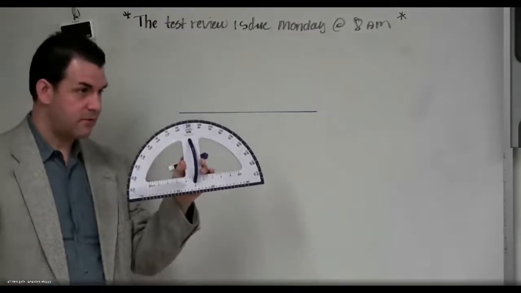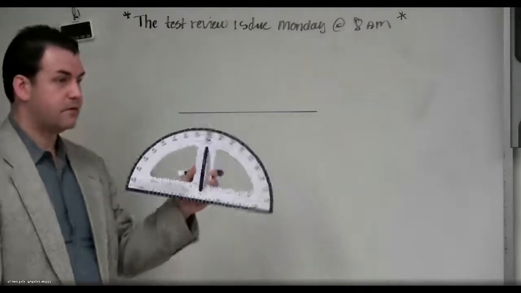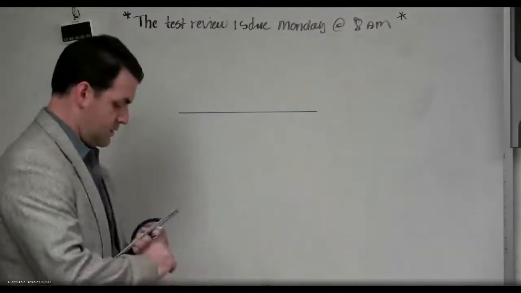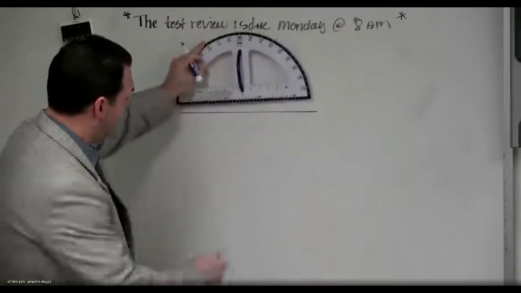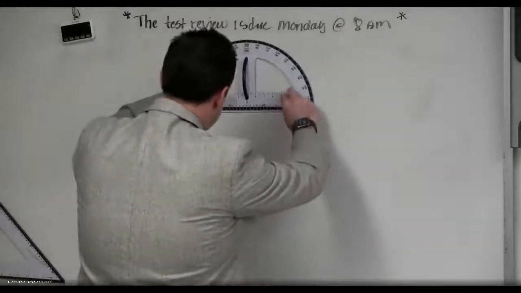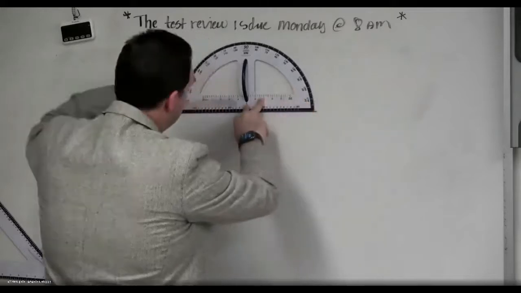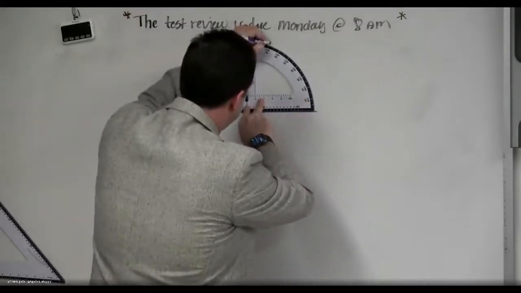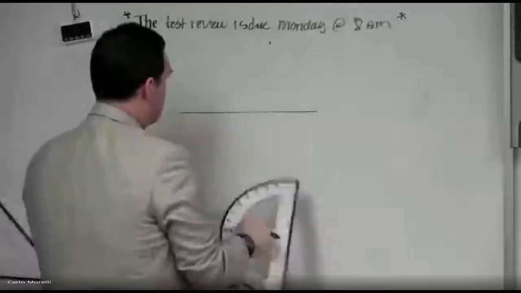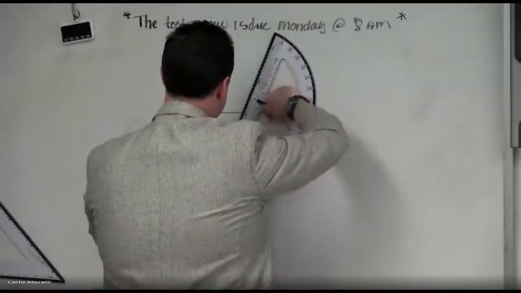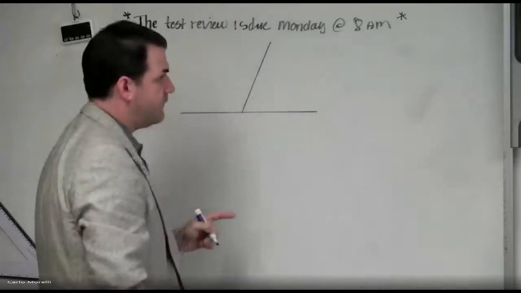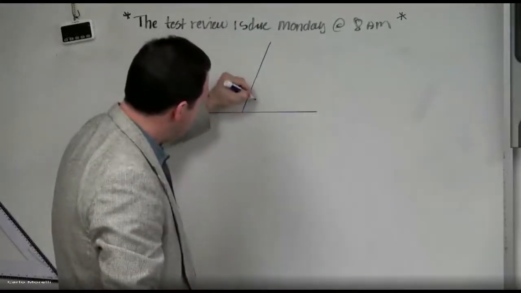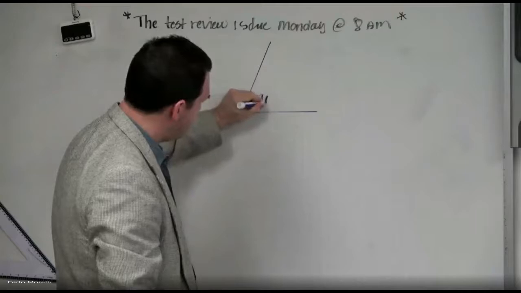Yes, it starts with a P. Protractor. Good. So if I put the protractor right on top of the straight line, I can measure off an angle. I've measured off an angle here, and that angle is 70 degrees.